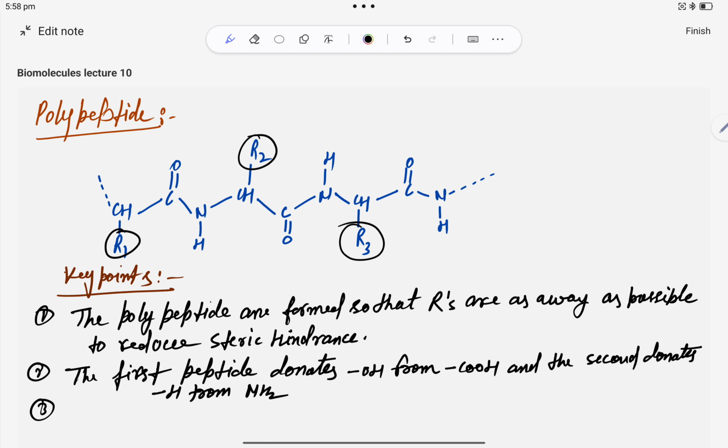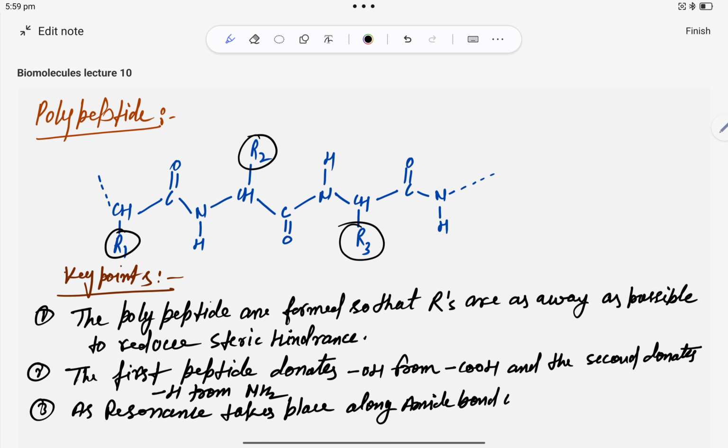And the third point, as resonance takes place along the amide bond, we get trans configuration. So these are the points, children.